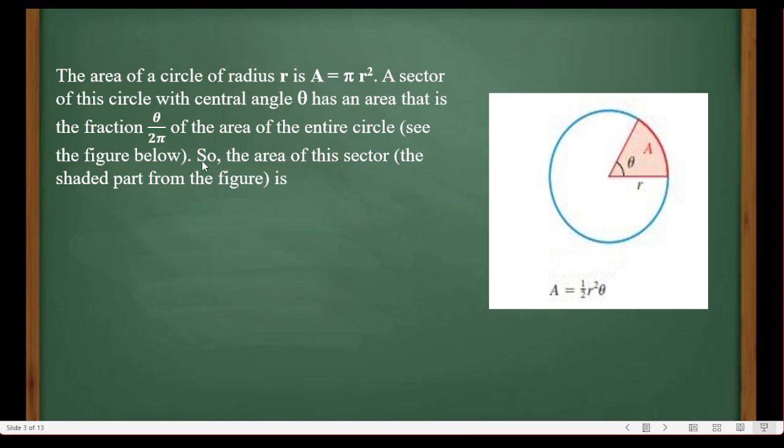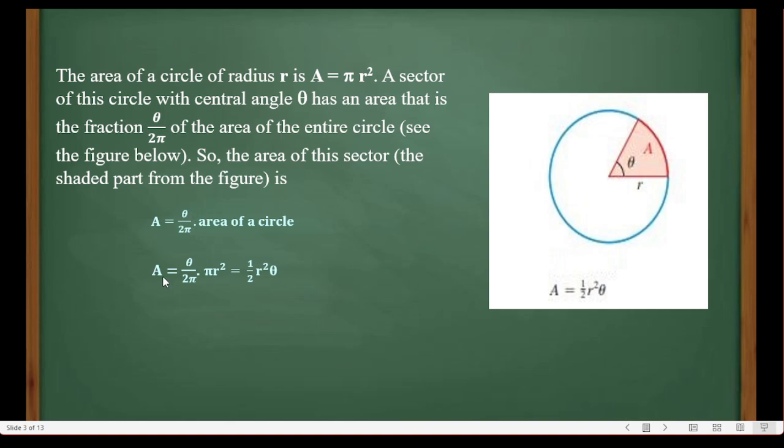So again, the area of this sector, the shaded part, is, okay, we have two formulas for such area. One is capital A for area is equal to theta over 2 pi multiplied by the area of the entire circle.